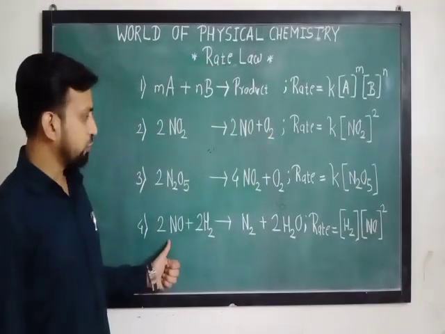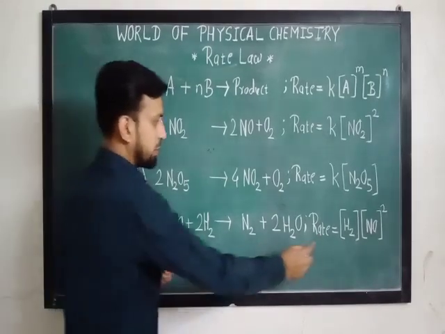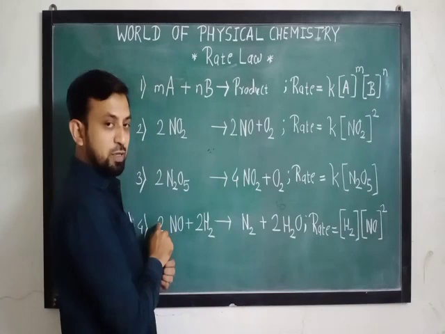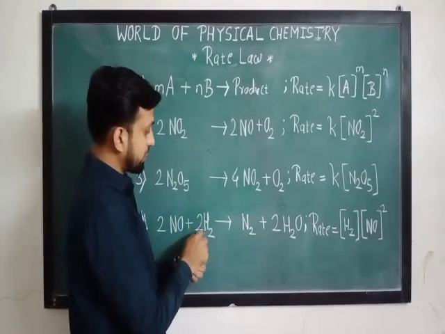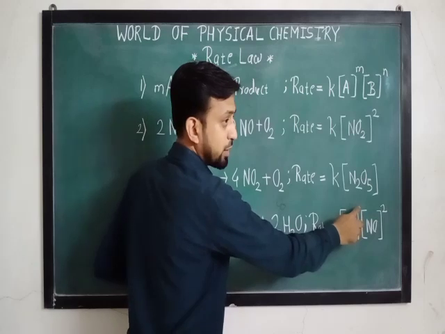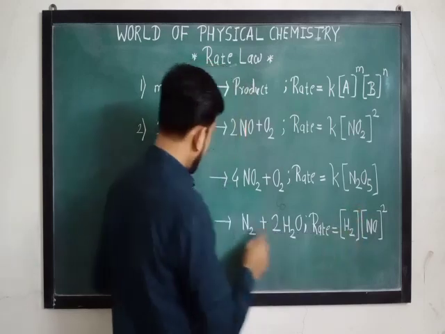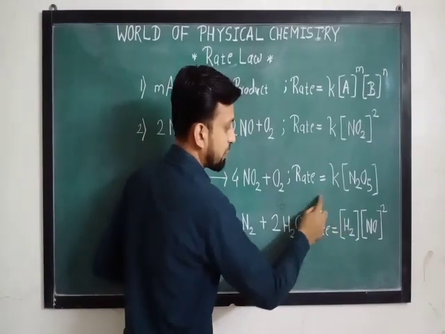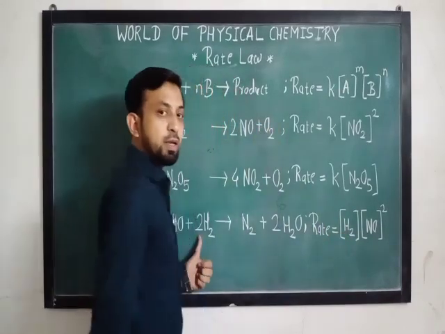Similarly in reaction 4, in the rate, concentration of NO is raised to 2, similar to the stoichiometric coefficient, but in the reaction it is twice H2, but in the rate law it is raised to 1. It means experimentally out of this twice H2, only one H2 is responsible for this rate of reaction.